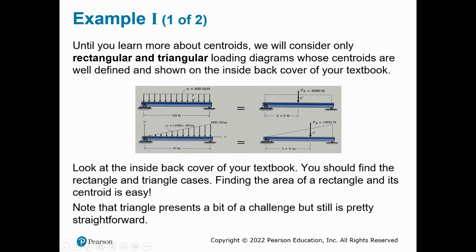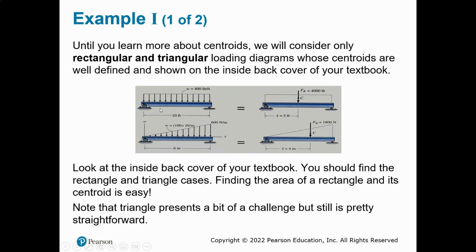The magnitude will be the area of this distributed load. I have 400 pounds per foot, and in total I have 10 feet. Multiplying those together, the feet cancel out, and the unit ends up as pounds, giving 4,000 pounds.